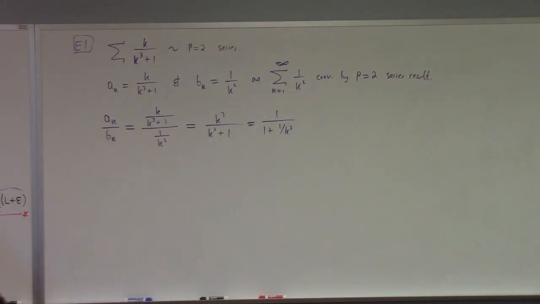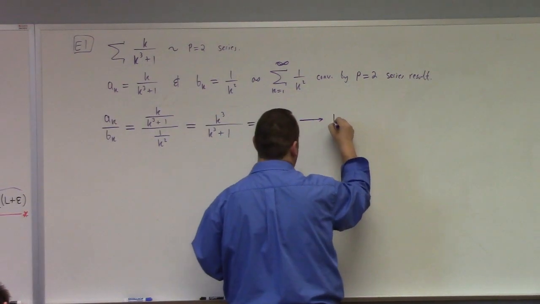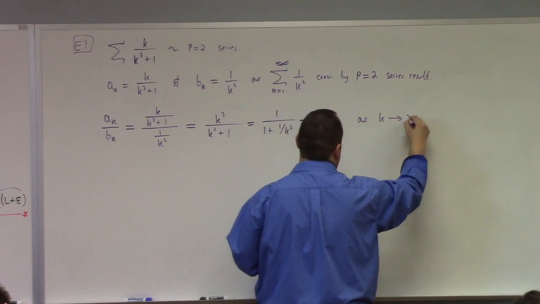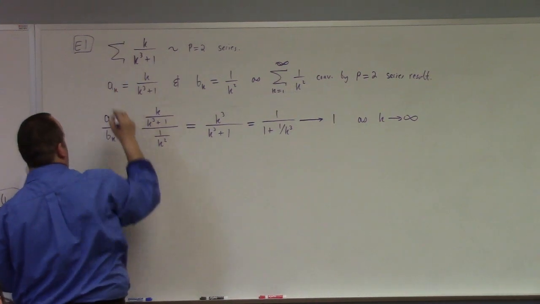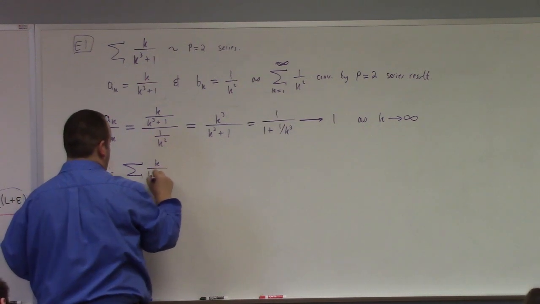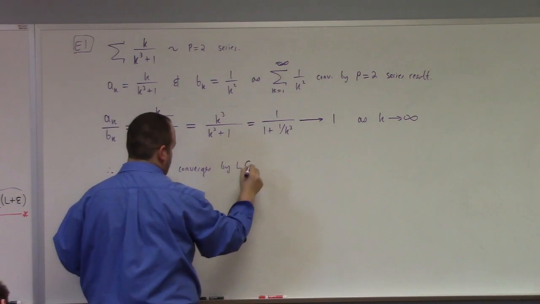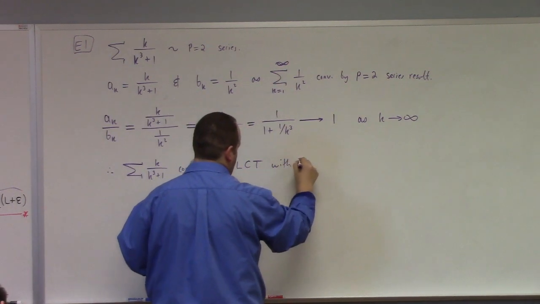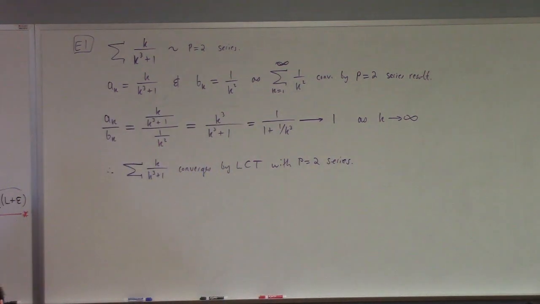So as k goes to infinity, you can clearly see this goes to 1. Therefore, the sum of k over k cubed plus 1 converges by the limit comparison test with the p equals 2 series. All right?